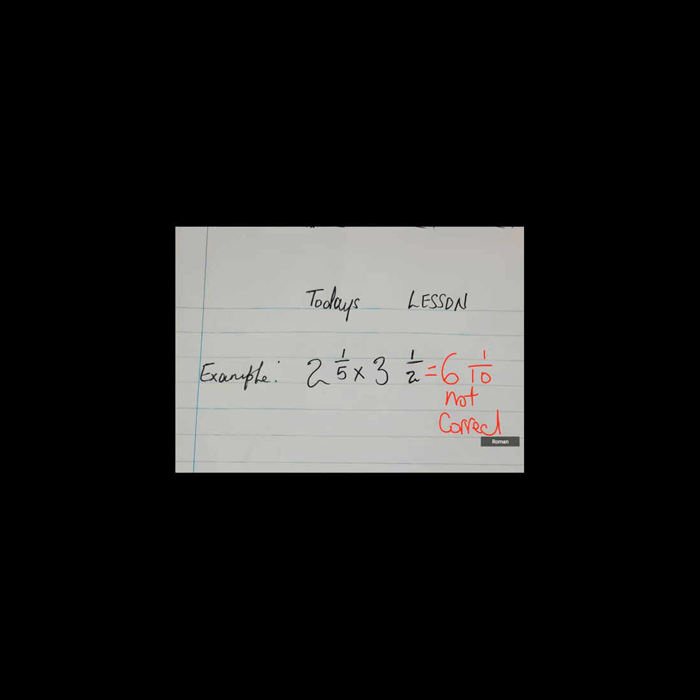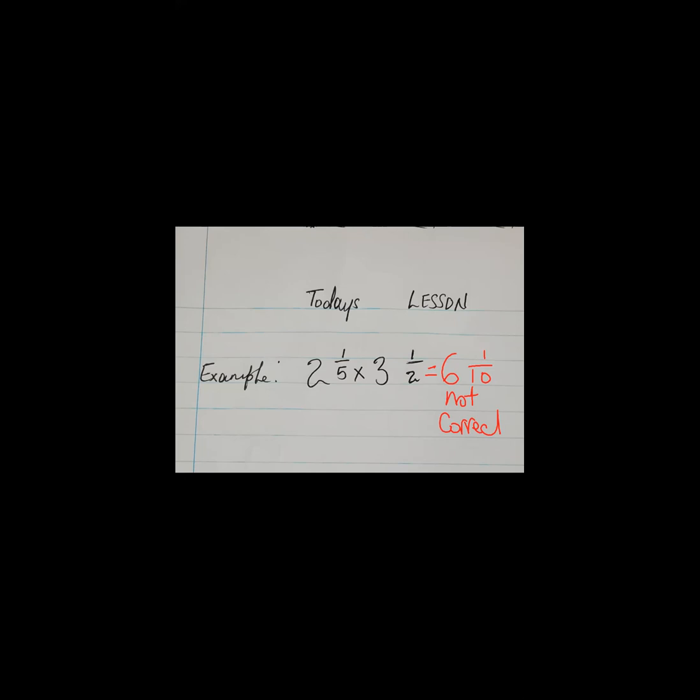What we are going to have to do, however, is first convert our mixed numbers to improper fractions. That's the first thing we have to do if we're looking at multiplication.